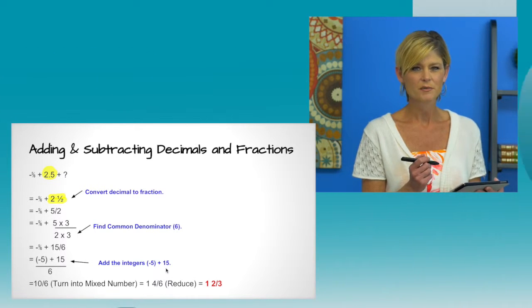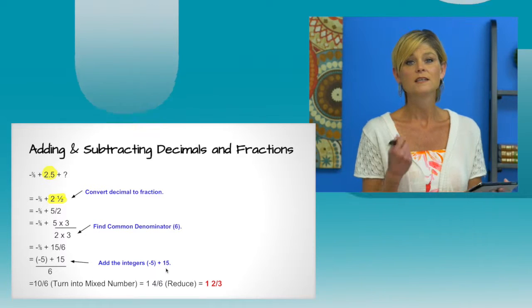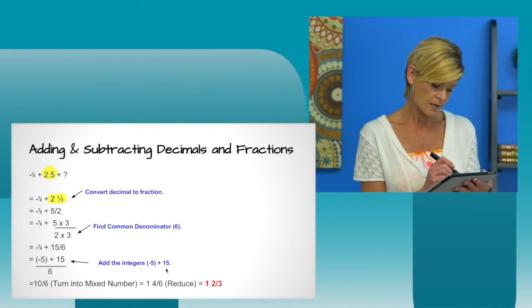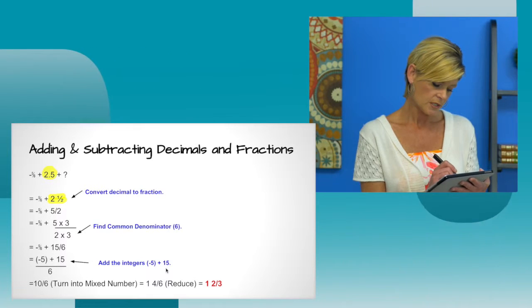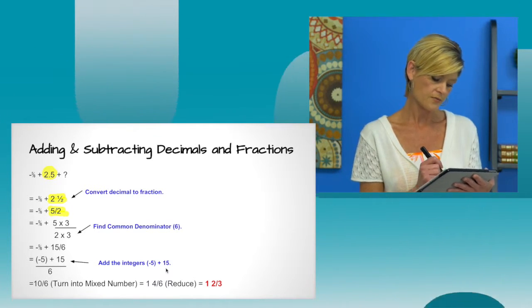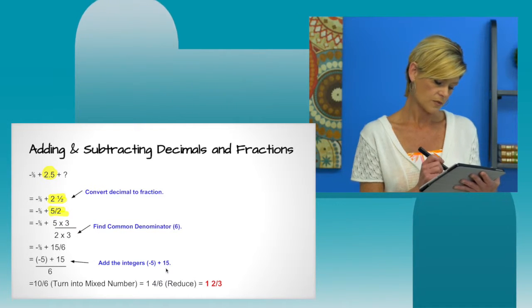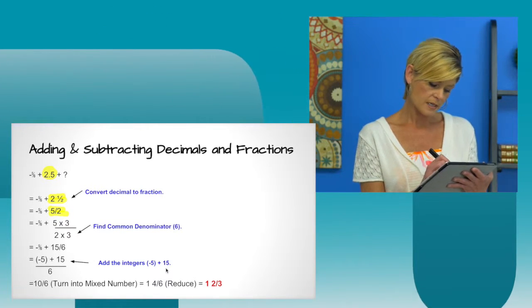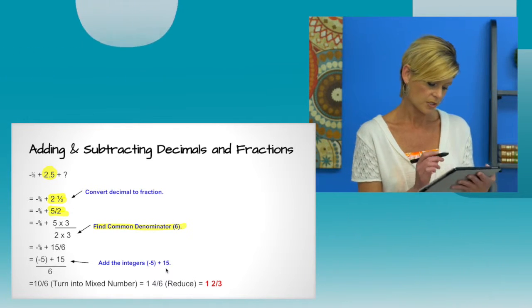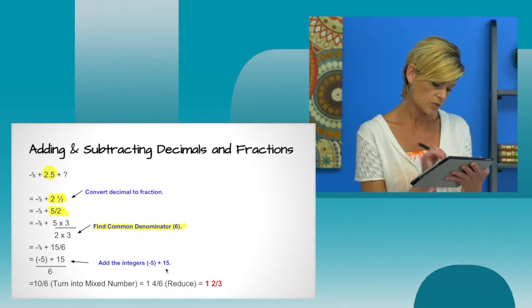But that's still not going to be very easy to work with because 2 and 5/10 is a mixed number. It'll be easier to work with an improper fraction. So I turn 2.5 into 5 over 2. So now my problem reads negative 5/6 plus 5 over 2. All right, once again, I'm going to have to find that common denominator because I'm adding fractions. Our common denominator is going to be 6.